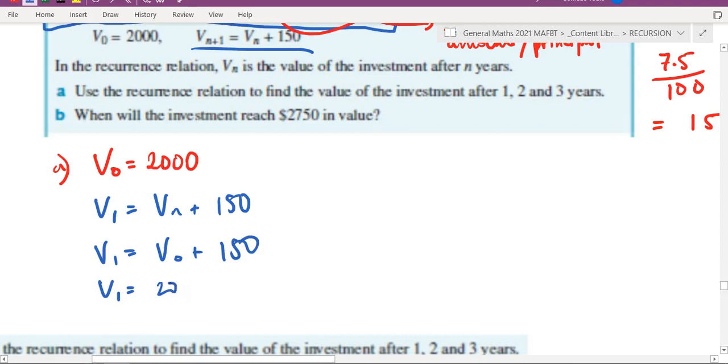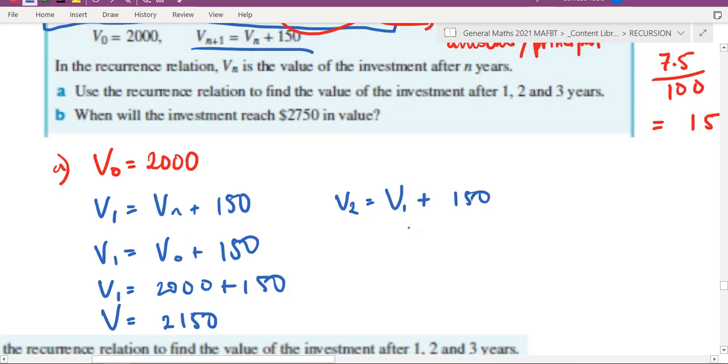So it's going to be 2,000 plus 150. Therefore, V1 is equal to 2150. V2 is going to be V1 plus 150. I'll just skip that step. So V2 would be 2150 plus 150. Therefore V2 is equal to 2300.